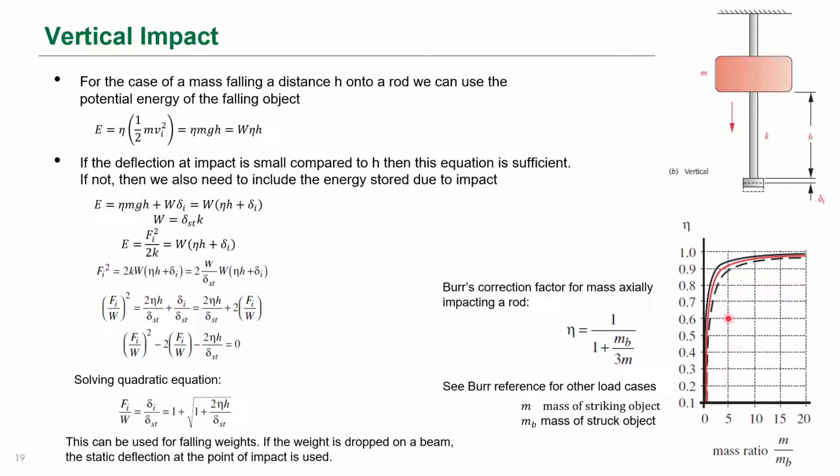If they're smaller, you get smaller numbers for those mass ratios, because that elastic energy is going to be shared more equally between those 2 objects, and you can correct for that using this approach. And we'll walk through an example. Okay, so this is a way for us to have some tools to look at the forces that we might expect if the structure that we're designing, or machine or whatever, experiences an impact event.